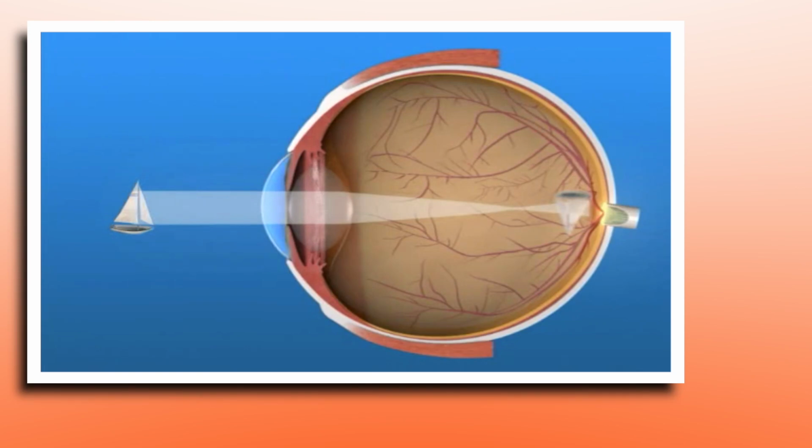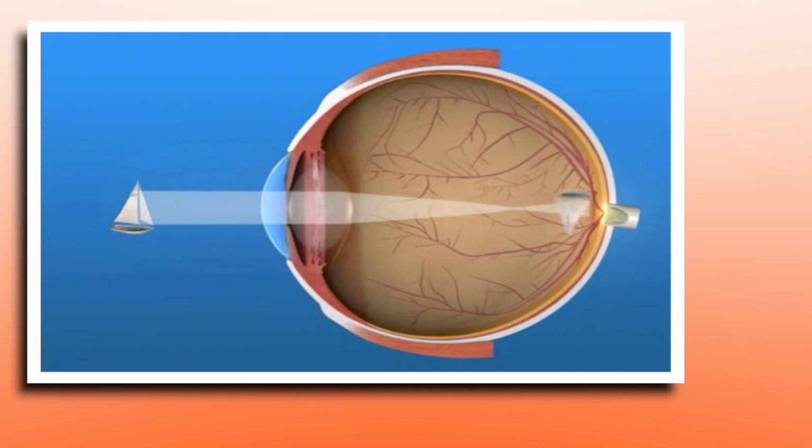For close objects, the ciliary muscles contract, which relaxes the tension of the lens, leading to a rounder shape. Accommodation: if you look at these pictures, you will see that there is a distance vision and a near vision accommodation of the lens.